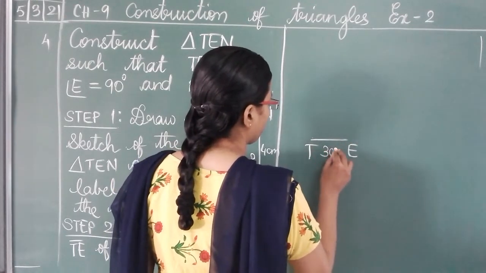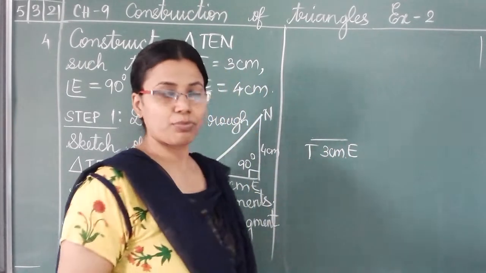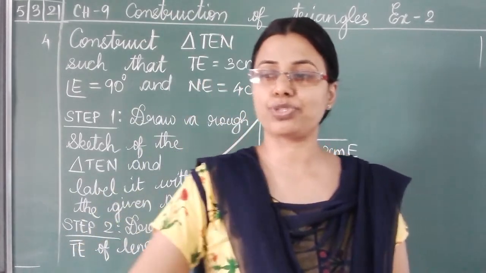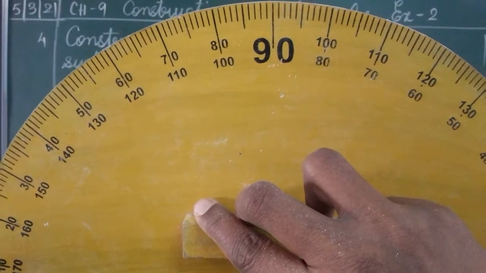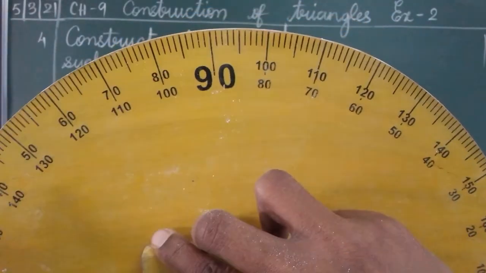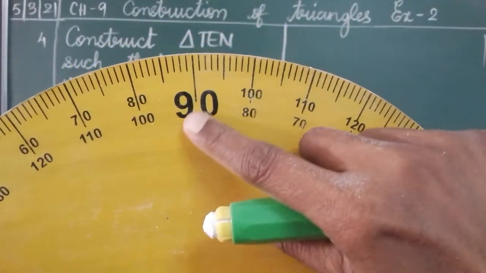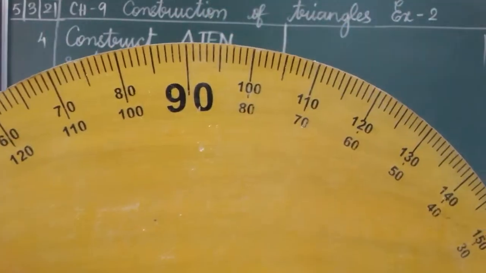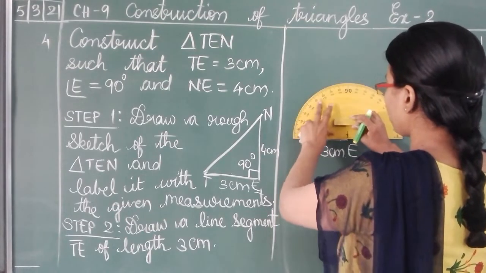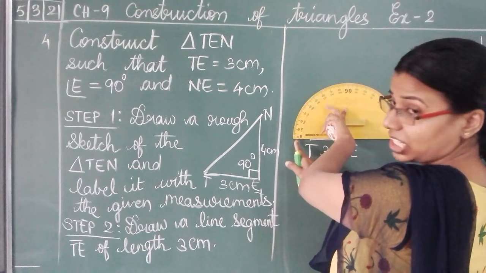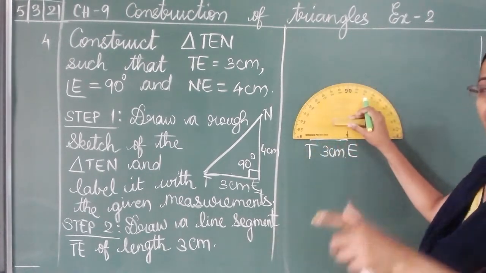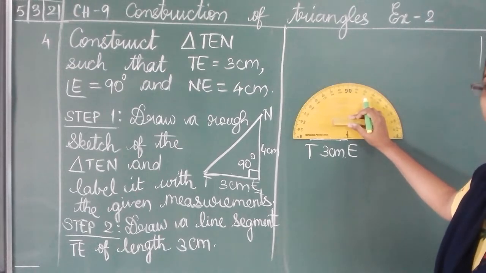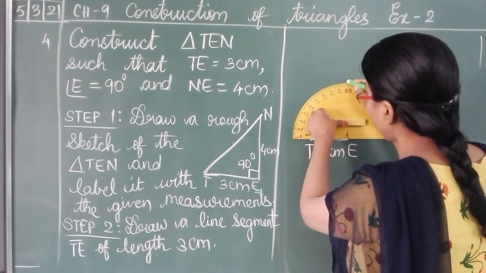which is 3 centimeters. Now you need to mark 90 degrees using your protractor. Match it with the baseline and then you can see the 90 degrees angle. The angle is formed here, 90 degrees, so you can mark a point. So let's mark 90 degrees. See that the baseline of the protractor is matching with the line segment TE and then mark the angle.